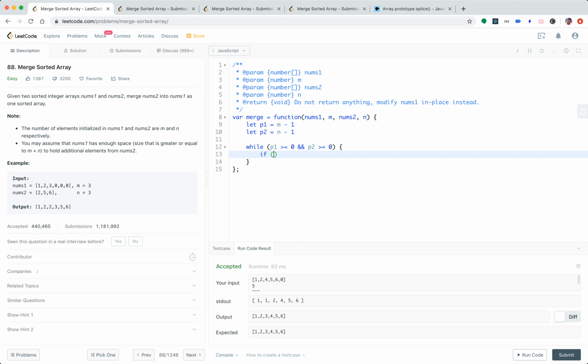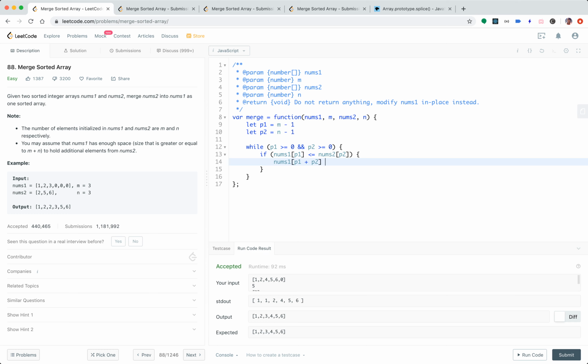If nums1 p1 is smaller than nums2 p2, so p2 is the largest, so we will say nums p1 plus p2.